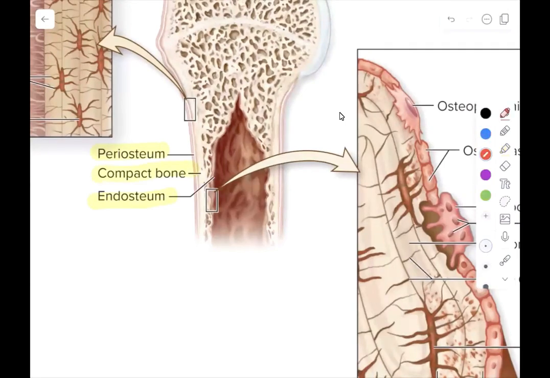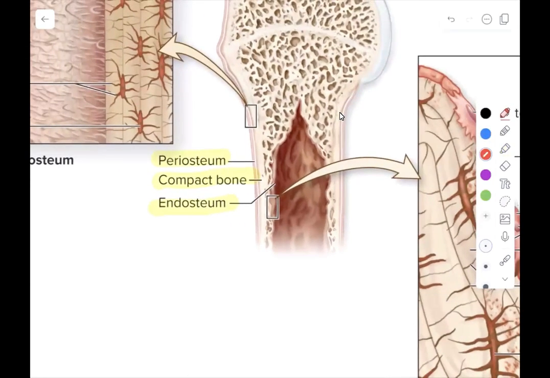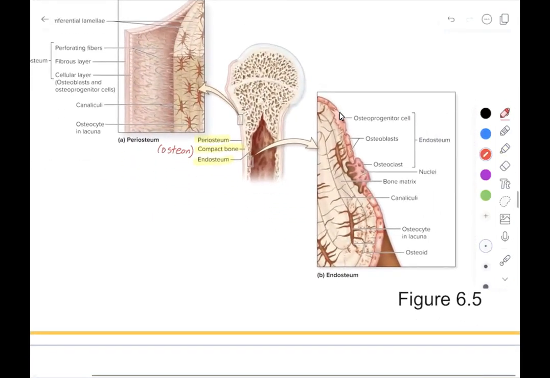And compact bone is very unique in that the structural component of it is what's called an osteon, which you've seen before on a micrograph. The cells that are shown in the endosteum are on the right-hand side of your slide.